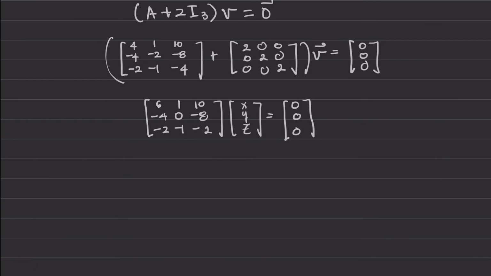Okay. So, gawin na natin itong system of equation. Meron tayong 6x plus y plus 10z equal to 0. Tapos, negative 4x plus 0y minus 8z equal to 0. Tapos, meron tayong negative 2x minus y minus, ano ba ito?